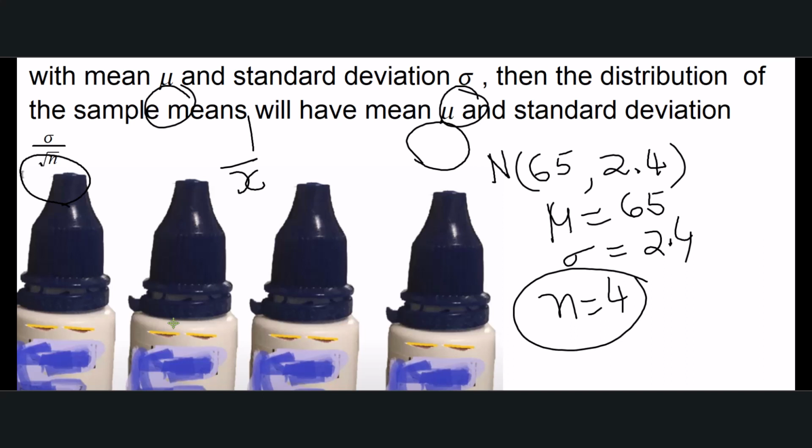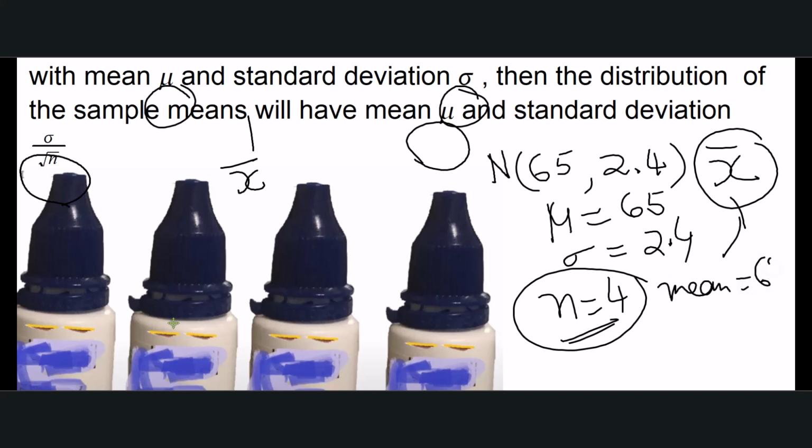So if we look at x bar, the sample mean of simple random samples of size 4, they will still have a mean of 65, but the standard deviation would be lower. That is, sigma is 2.4, so 2.4 over square root of 4 would be how much? 1.2.